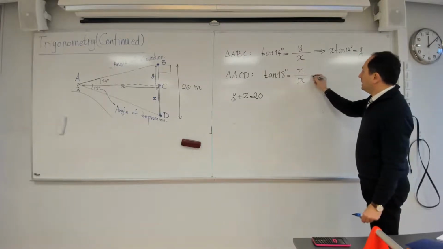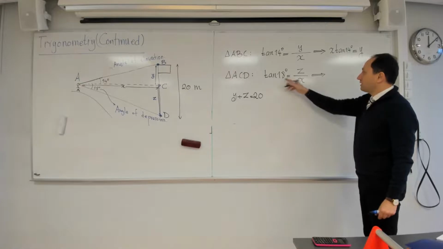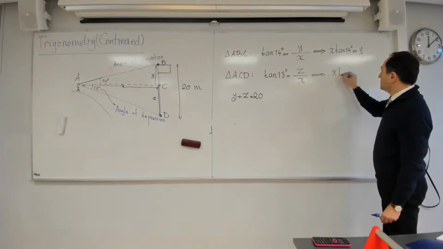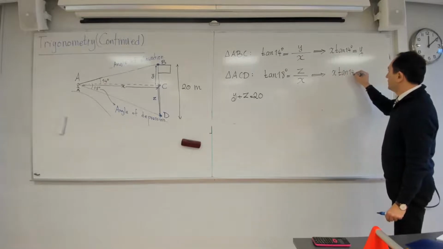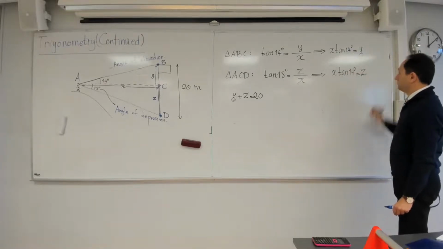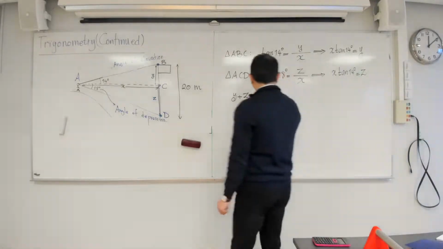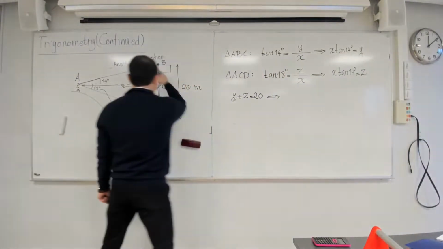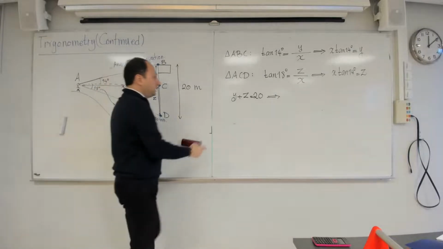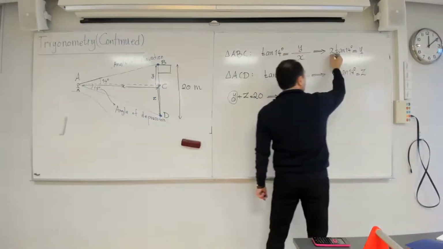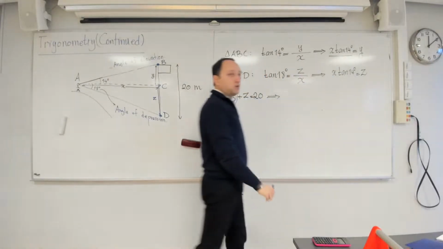I do the same thing here. I multiply both sides by x. What happens? It becomes x tangent 18 is equal to z. And then here, I know that this is true because I see that y plus z is given to be 20. Instead of this y, I put that expression, which I realized is equal to y.